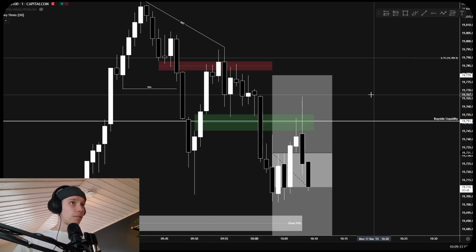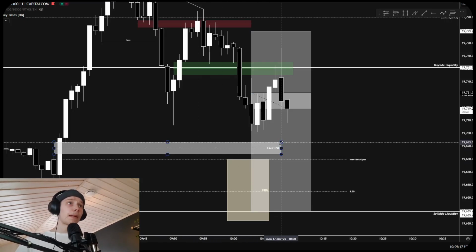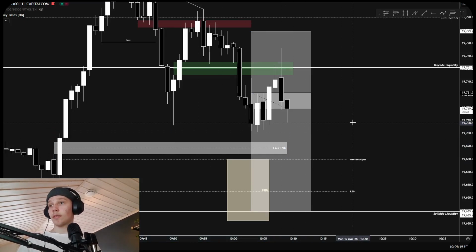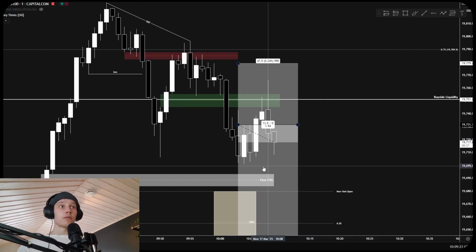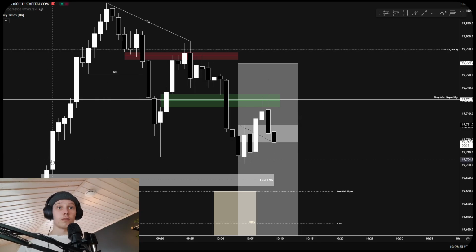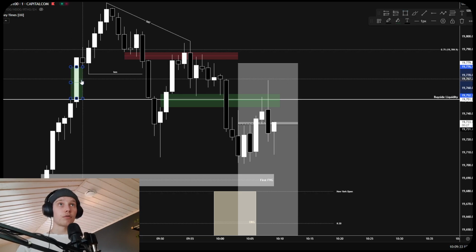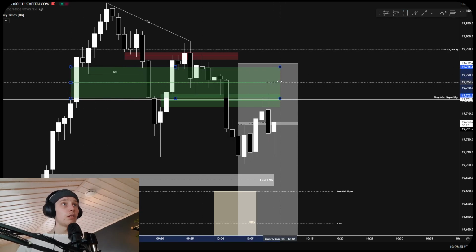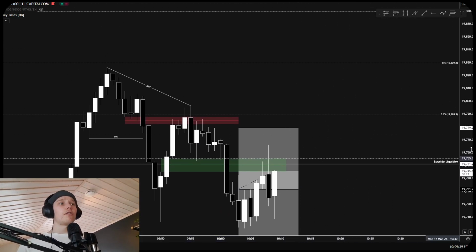So that's busy. So looking at other fair value gaps as well, like this one. Yeah, I don't like the price action here.